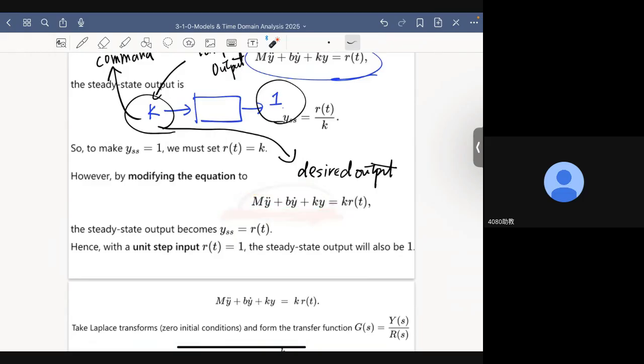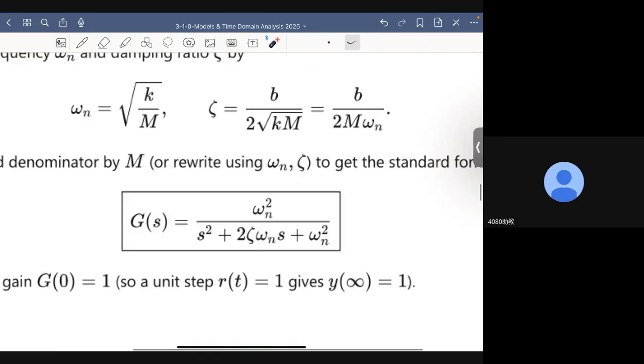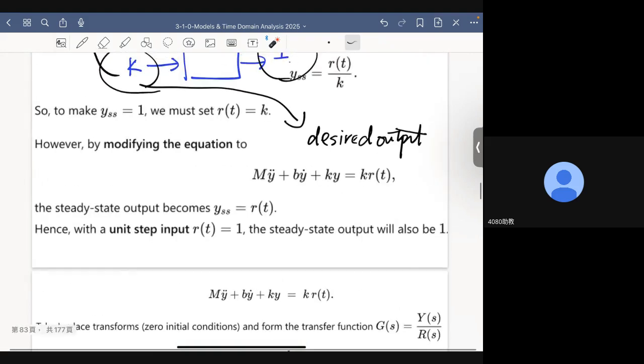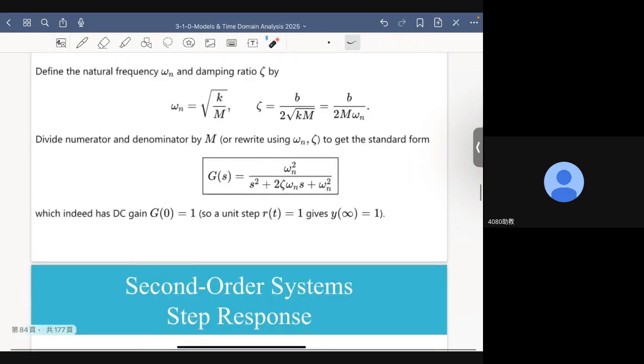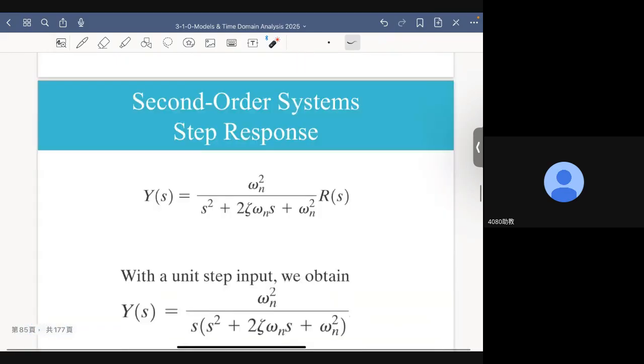The dynamics of the differential equation stay the same, which means the poles remain the same. The only difference is that here in the numerator, it used to be 1. Now, after introducing k on the right-hand side of this equation of motion, the numerator is now omega n squared.